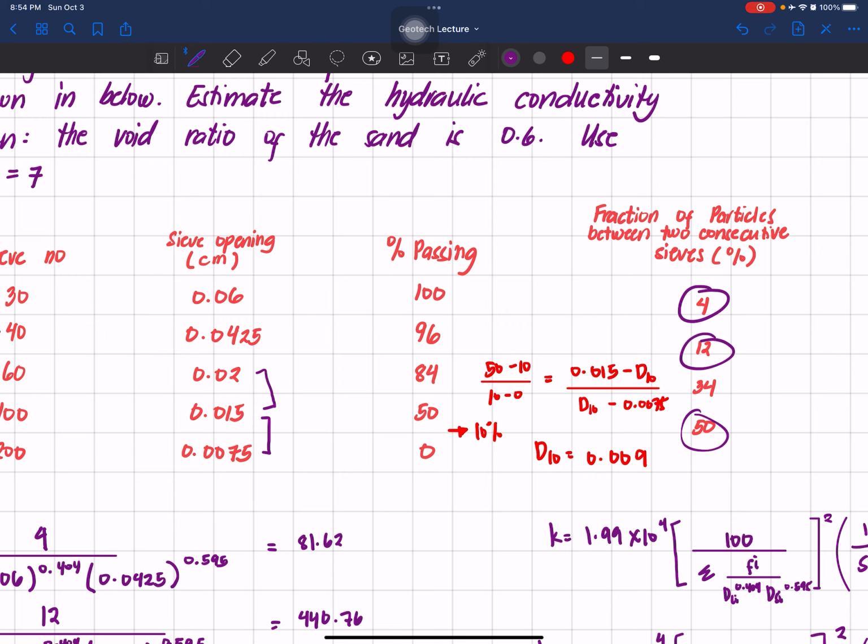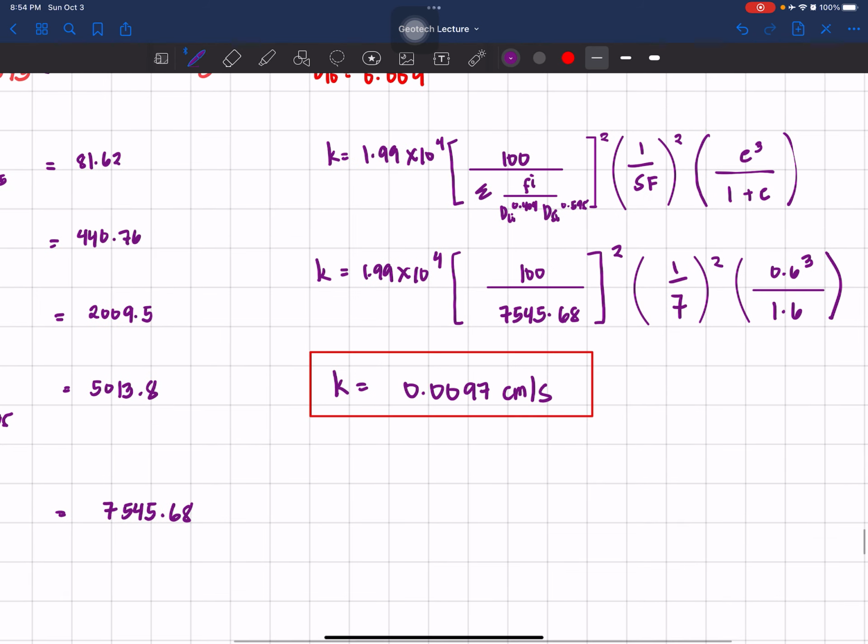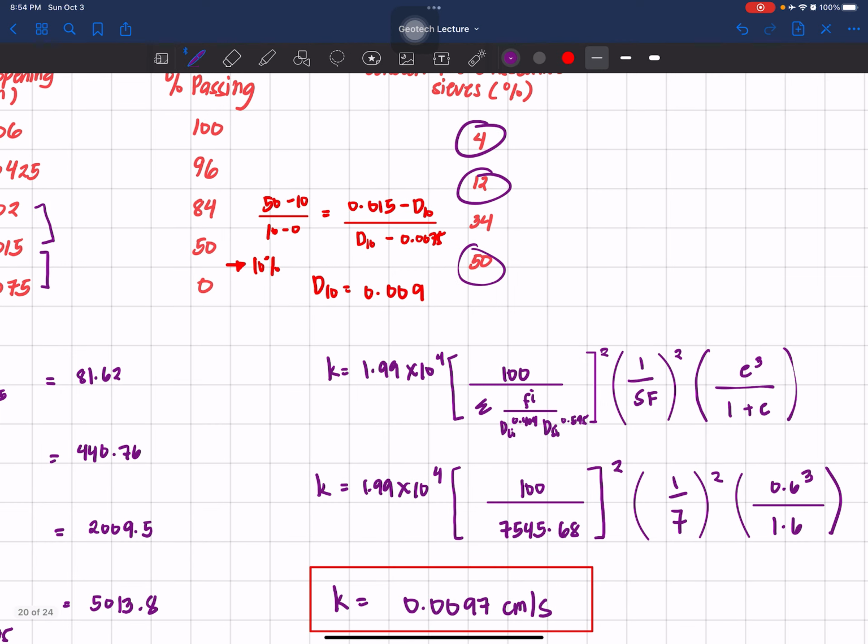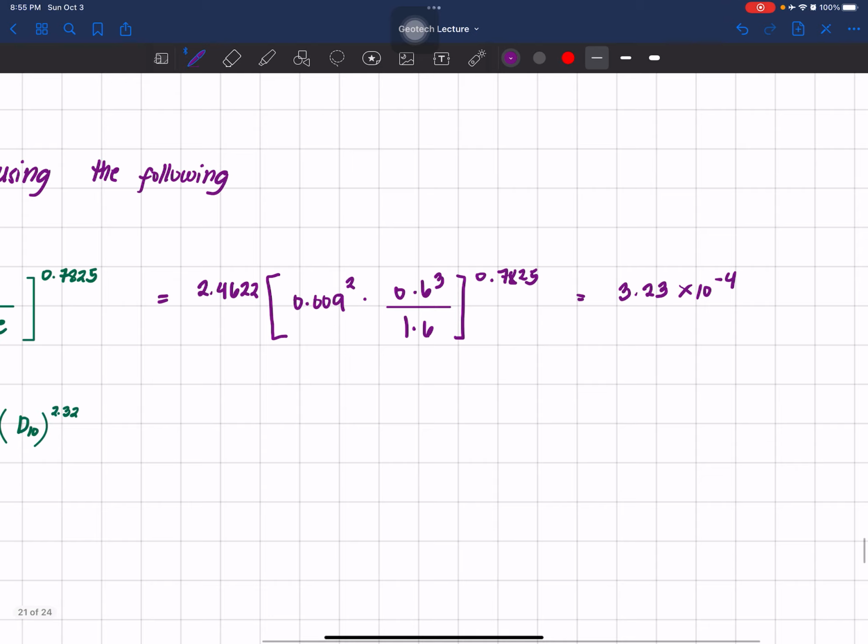Okay. 10 times 0.015 minus. Okay. It's 0.003 talaga guys. Okay. So it's 0.009. Okay? So, it's 9 times 10 to the negative 3. Ayan. So, ito yung nakuha kong value. Okay? So, ito na yung inyong K.